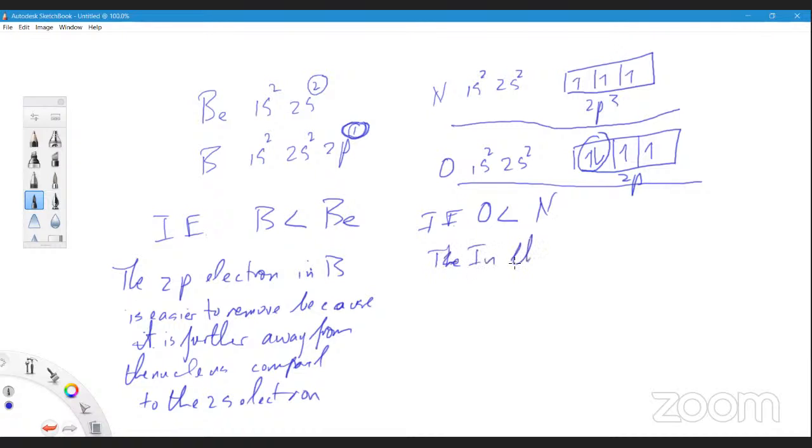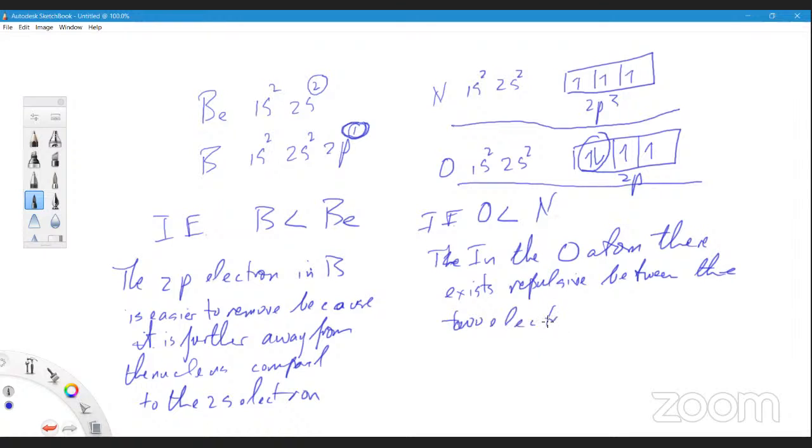In the oxygen atom, there exist repulsive forces between the two electrons sharing the same p orbital, all right?